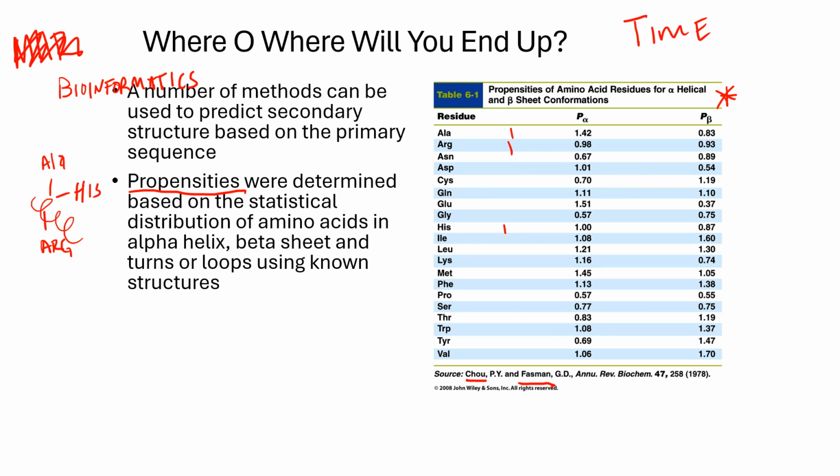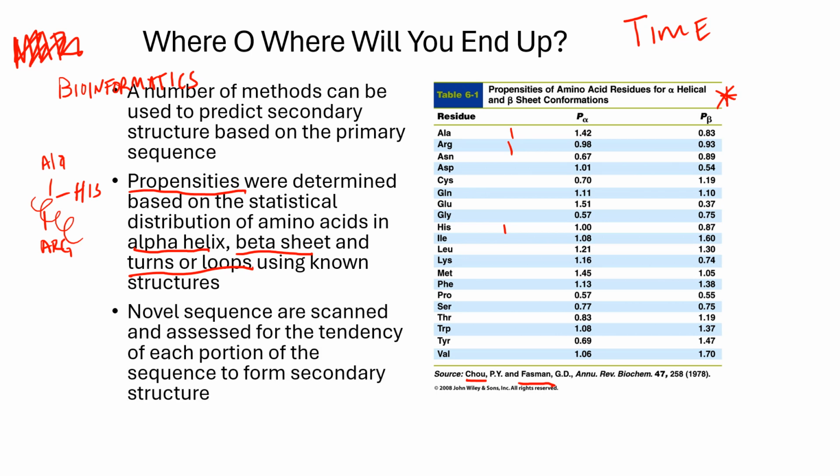These propensities were determined based on the statistical distribution of amino acids in alpha helices, beta sheets, and turns or loops using known structures. So they gave this statistical analysis that said, if there's an alanine, there's this percent chance that it is going to be in an alpha helix.